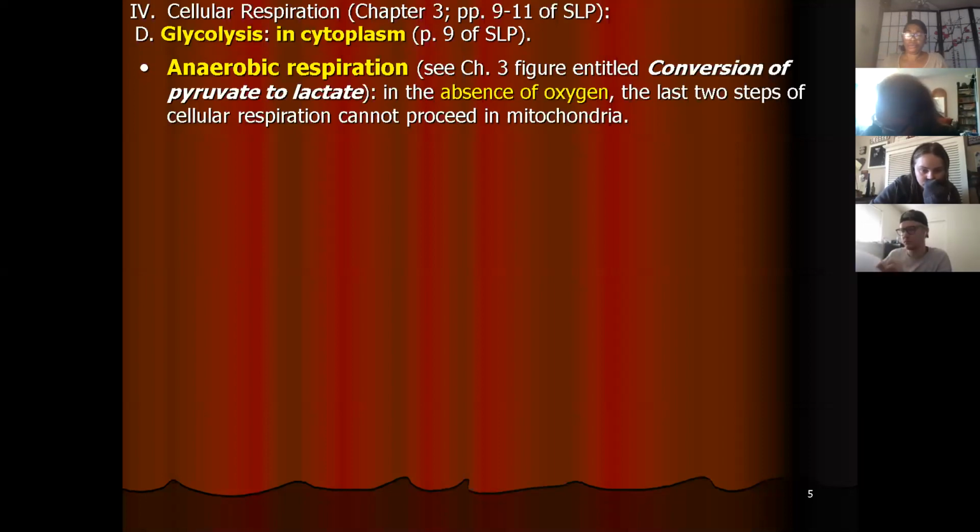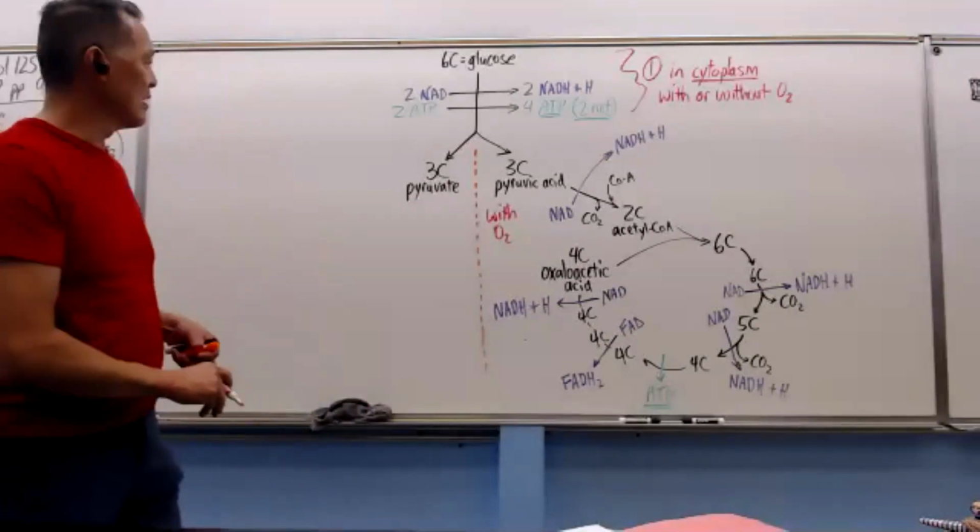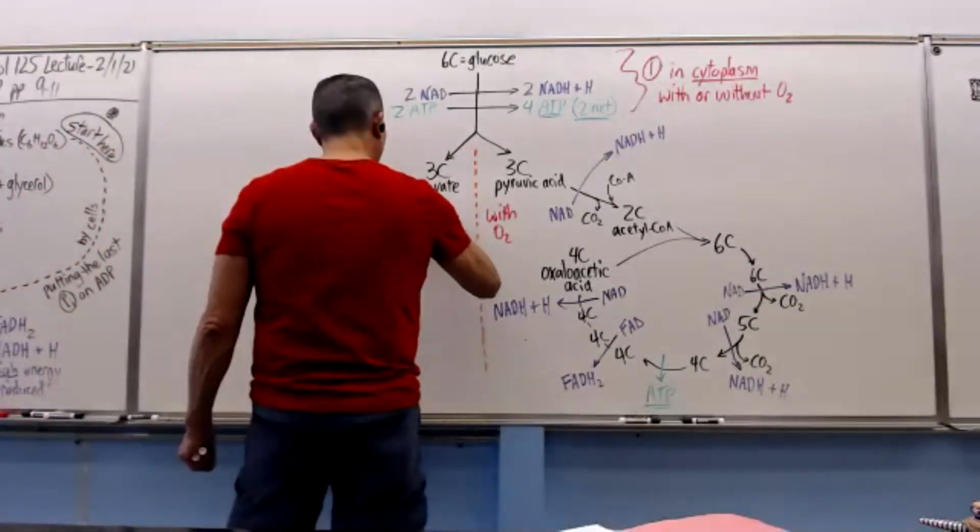What I'm going to do here is put this artificial division because I don't want to have to write this twice on the whiteboard. But this is going to be with oxygen. And this is going to be without oxygen.